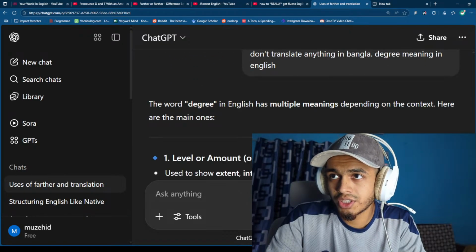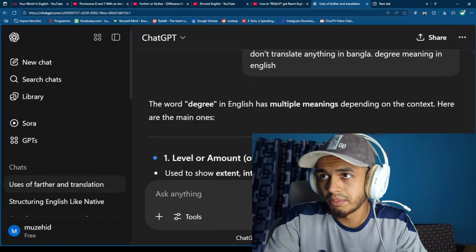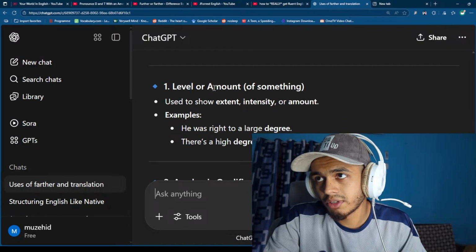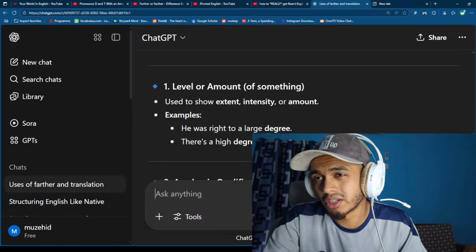So the word degree in English has multiple meanings depending on the context. Level or amount of something: used to show extent, intensity, or amount. Example: he was right to a large degree.